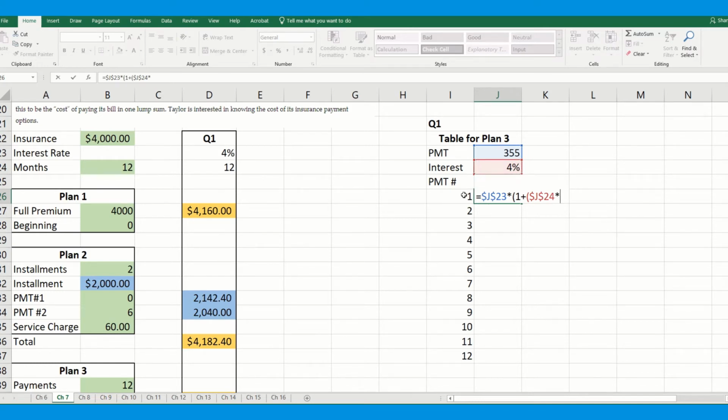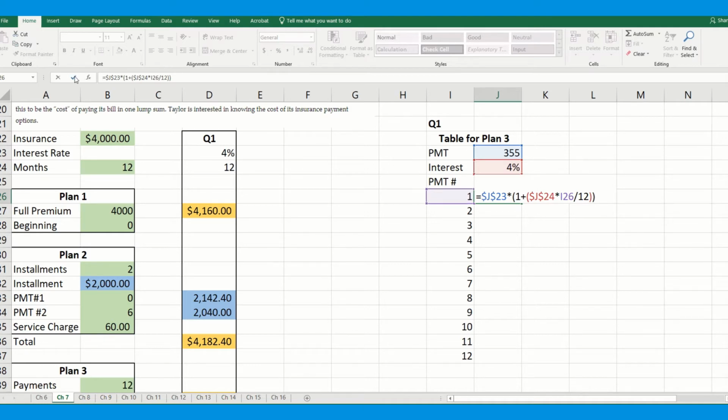Times, and then I will use this cell here to say it's 1, and it'll be divided by 12. So I could choose to have months. I could put a number of months up there, which would probably have been a better idea, but I didn't. So now I've created my formula. So my formula is S equals P times 1 plus rate times time, okay, and I cell referenced it.